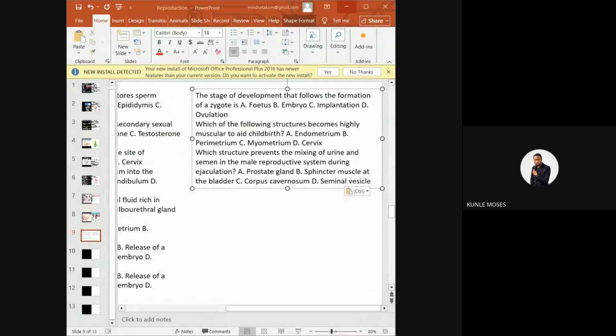What about the Cowper's gland? I forgot. It is the one that makes the penis erect. The erectile tissue? Yes. That's the other name for it, right? Exactly. Corpus cavernosum.